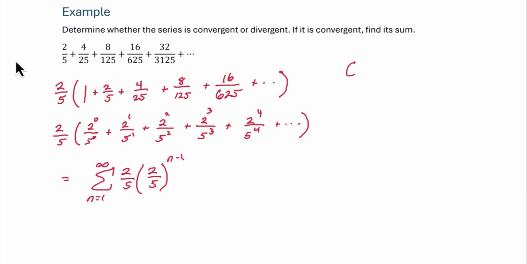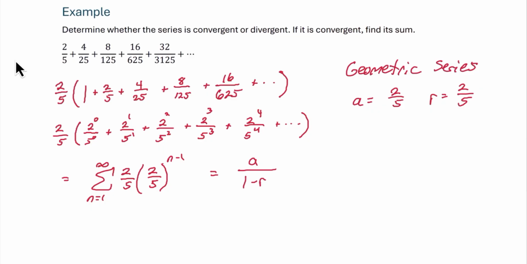So we have a geometric series. A is 2/5 and r is also 2/5. To figure out what this converges to, since it's geometric, we can do a divided by 1 minus r.